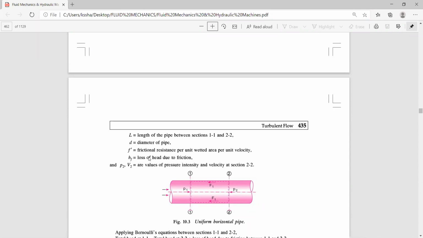Next, F dash is the frictional resistance per unit wetted area per unit velocity. This you have to remember because we are dealing with loss of head due to friction.